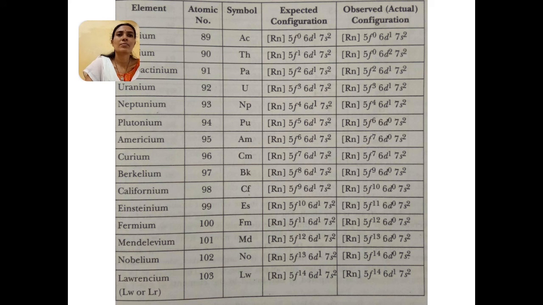Starting with actinium, atomic number 89, symbol is Ac, expected configuration is 5f0 6d1 7s2. 5f is empty in case of actinium. Then thorium is there, Th, up to lawrencium, having atomic number 103, symbol is Lr. Thank you.